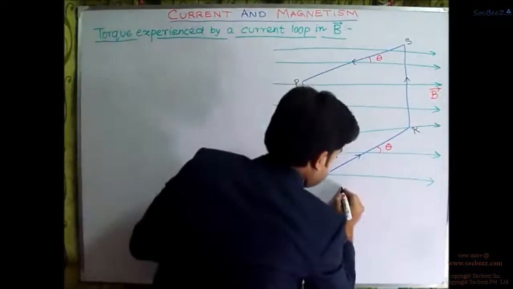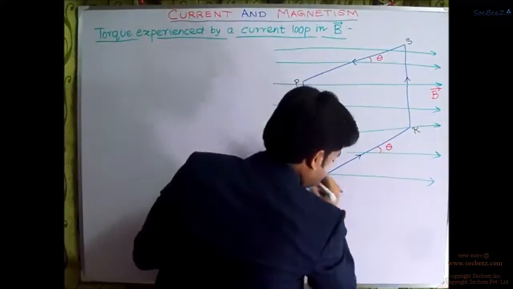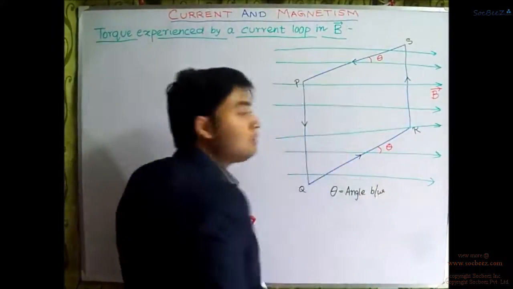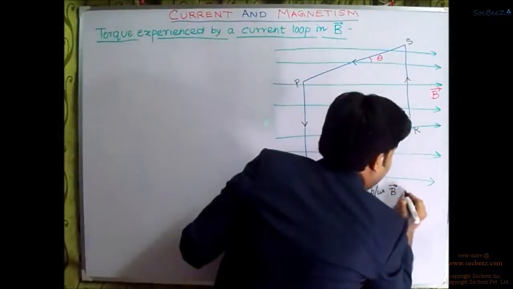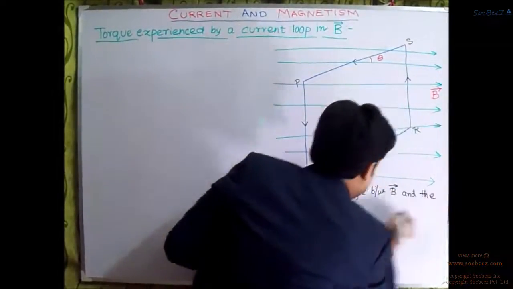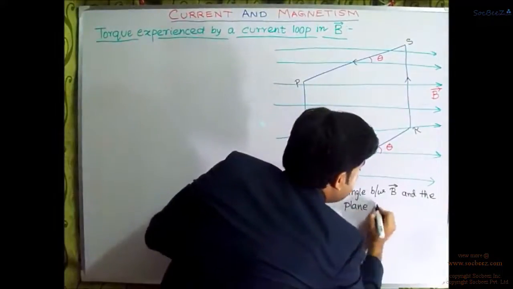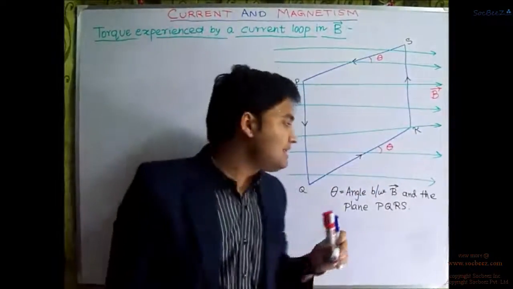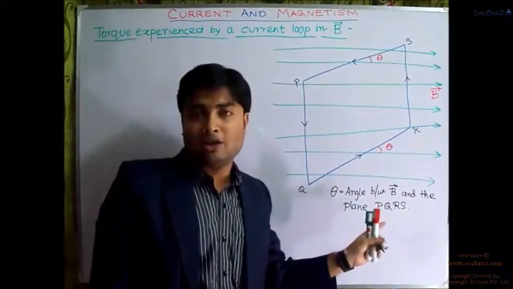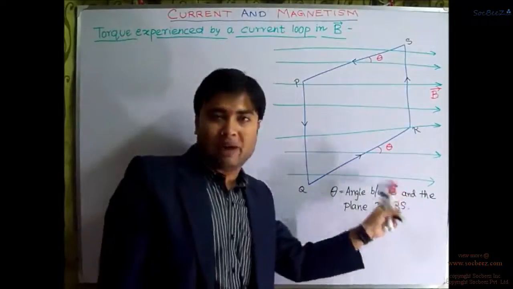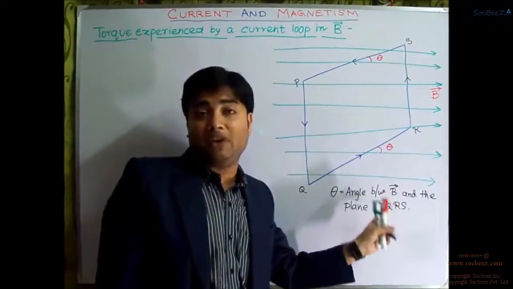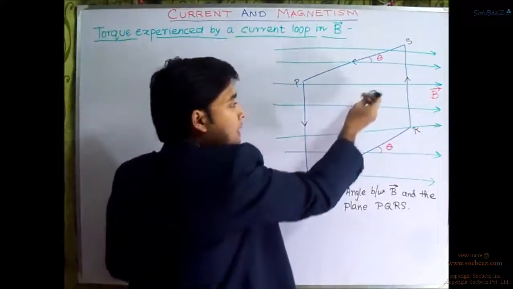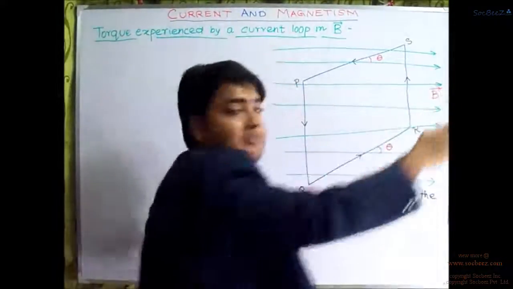So we must mention over here that theta is equal to the angle between B and the plane PQRS, not the angle between B, the magnetic field, and the area vector, because the area vector is perpendicular to the plane, 90 degrees to it.